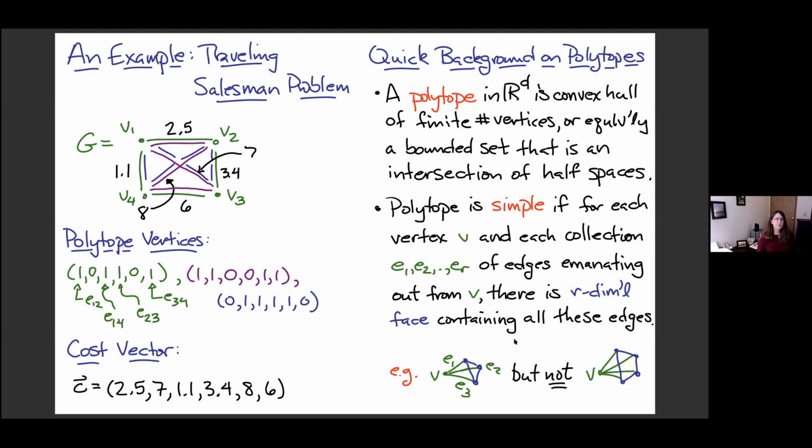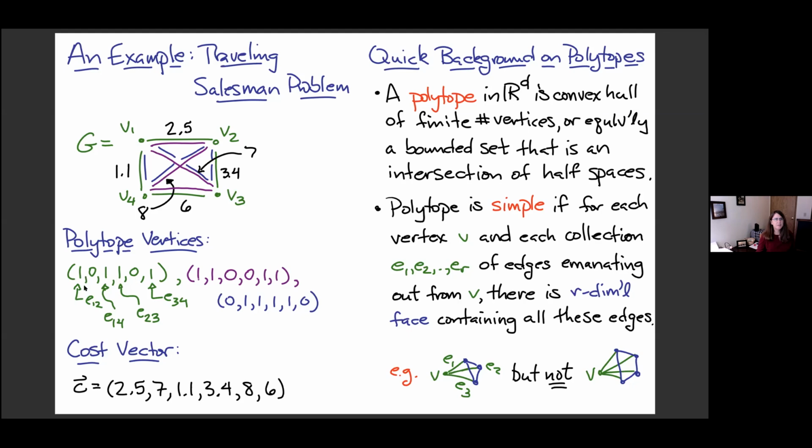We can phrase this as a linear programming problem by making a polytope in R to the n, where n is the total number of roads or edges, so 6 in this case. Then we make the vertices of our polytope be vectors of 0s and 1s, where we put a 1 at the location for each edge in our path.